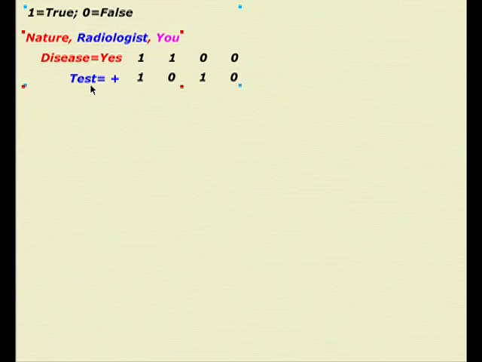It could be true, it could be false. If the test is negative, it's going to be false. So we put together the 4 logical possibilities, where 1 is true and 0 is false. So we have, yes, you have the disease and yes, the result is positive. Yes, you have the disease, the result isn't positive, which means it's negative. You don't have the disease, but you do get a positive result.